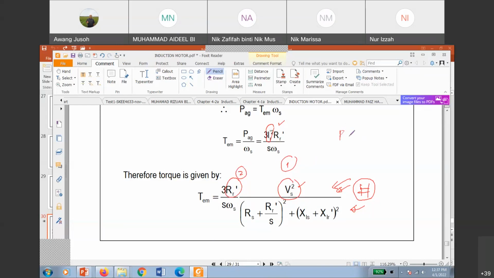So if we change the rotor resistance, we can change the torque speed profile. And the third, we can change omega S, which is the supply frequency F1. So if we change the supply frequency, we can change the torque speed profile. There are 3 methods here that clearly show that we can change the torque profile.